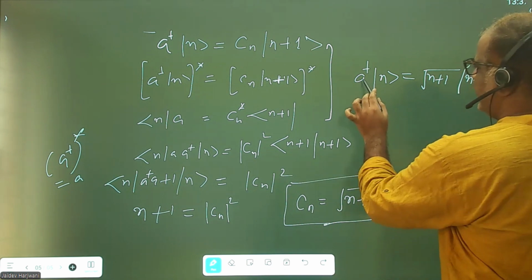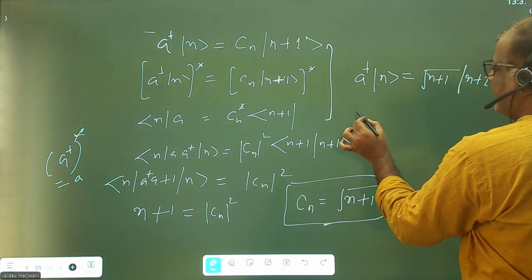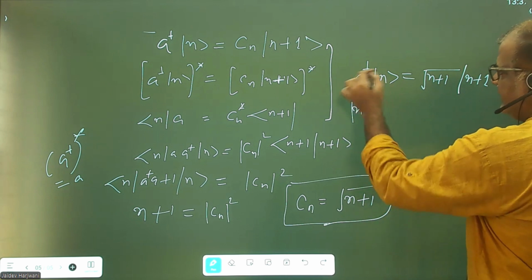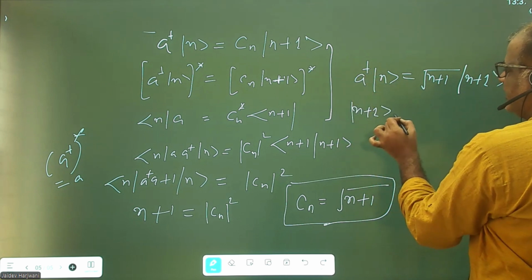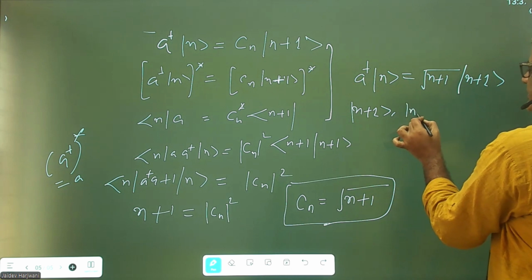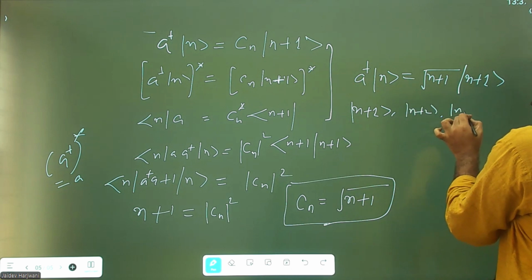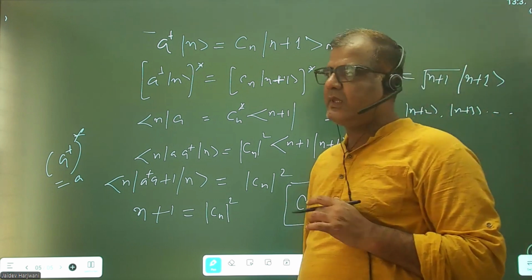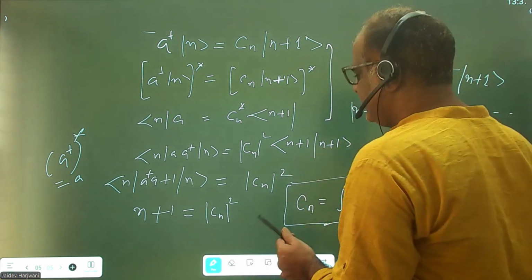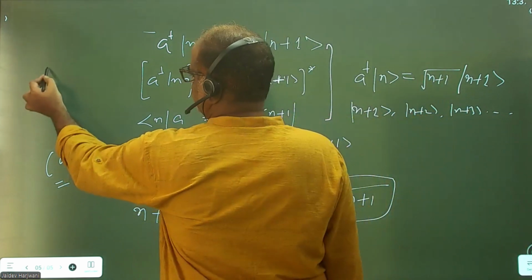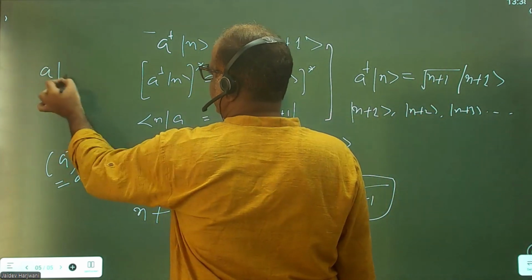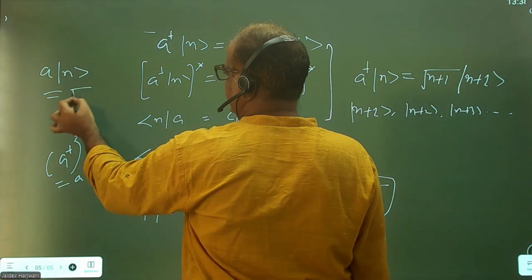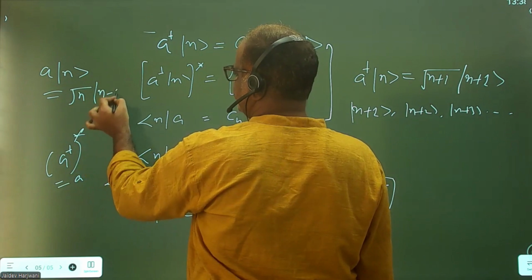That means when a dagger operates repeatedly on n, you can create an infinite sequence of states: n plus 1, n plus 2, n plus 3, and so on. Similarly, I can prove that the operation of the annihilation operator a on n gives me root n times the state n minus 1.